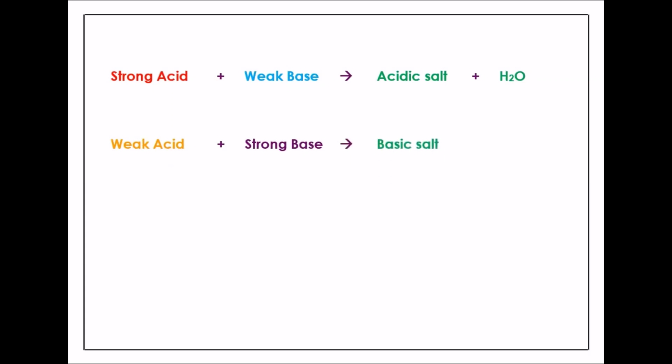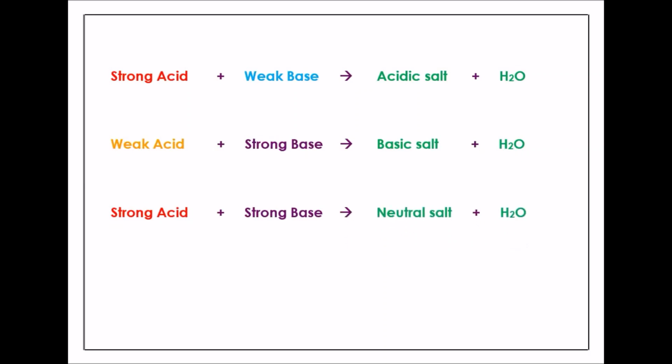As I told you, a weak acid means the H plus ion concentration will be less, and a strong base means the OH minus ion concentration will be more, and here the dominating part is the OH minus ion part, such that the salt which is formed is a basic salt, and water is produced. What happens if a strong acid and a strong base join together? That leads to a neutral salt and water molecule.